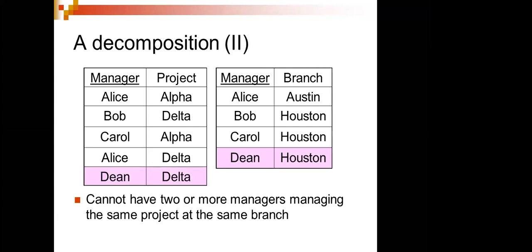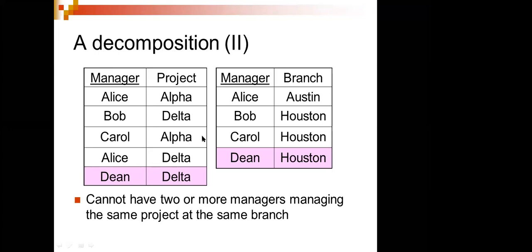Same thing I'm doing. Again, we cannot have two or more managers managing the same project at the same time. Now, if you see in the first one, this has been separated and divided. Now, if you see here, Alice is on Austin. Very good. So one person has one project. Bob is on Austin. Carol is on Austin. Dean is on Austin.